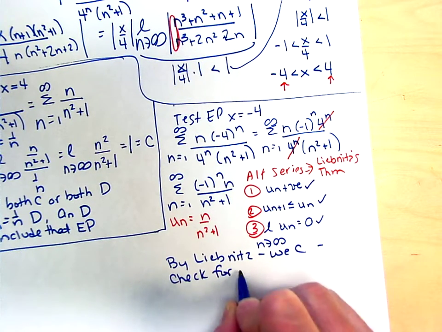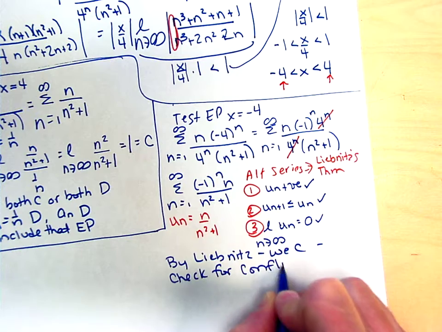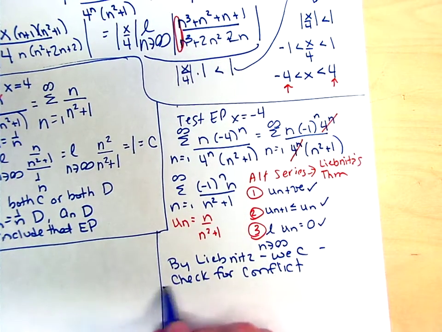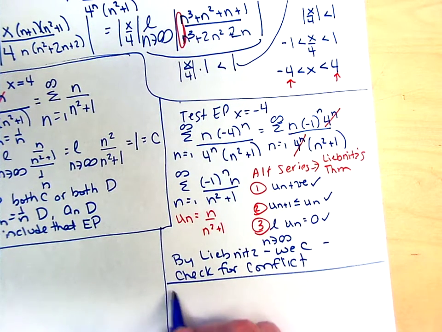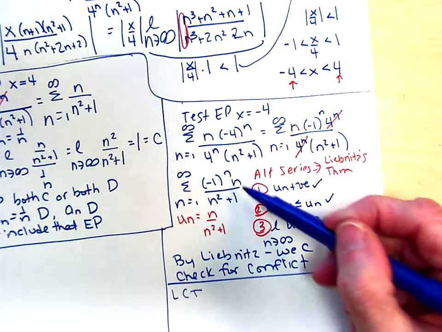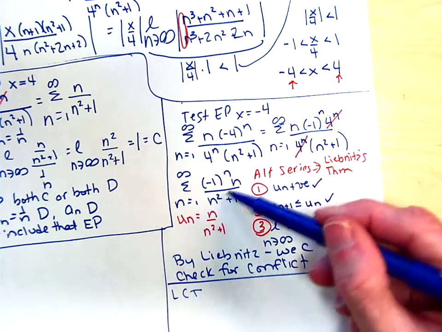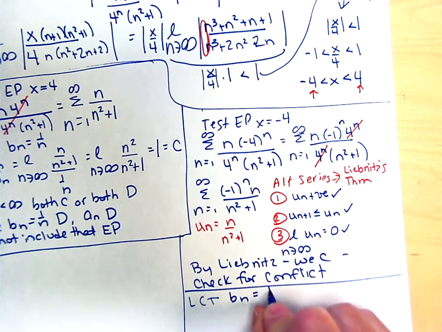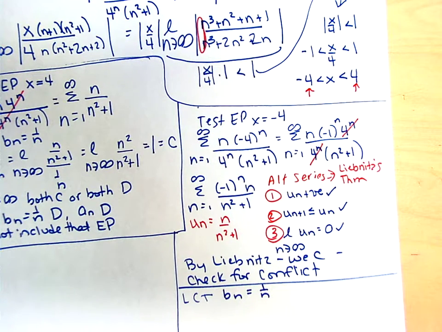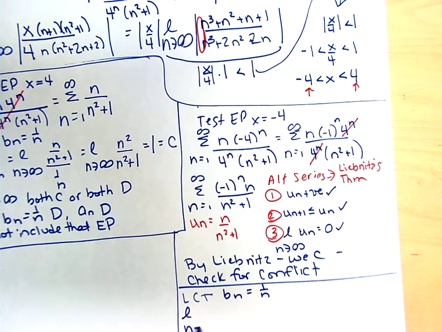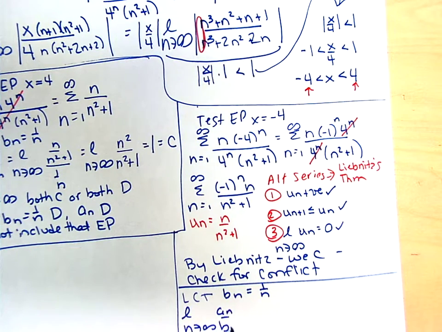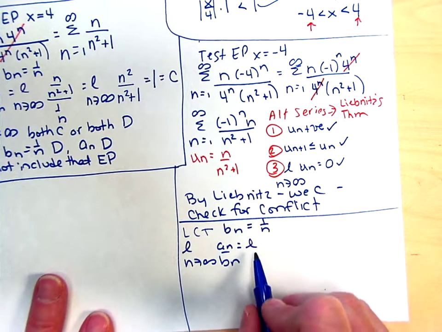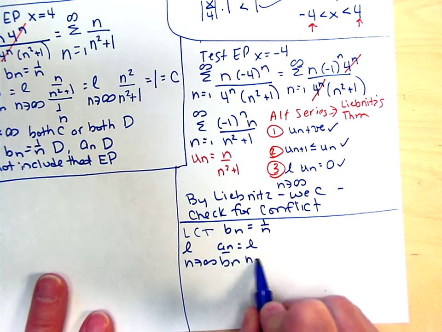This one isn't a simple p-series, so we're going to have to run another test. We're going to do the same thing we did with the last one, so this is going to look super familiar. We're going to run LCT, comparing the ratio. We can use what we did over here as a guideline. You don't even need to rerun it, because it's the same b sub n, so you get the same answer. To save time, you could just say from evaluating x equals 4 that this diverges.